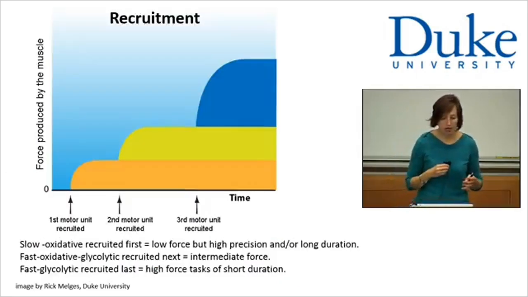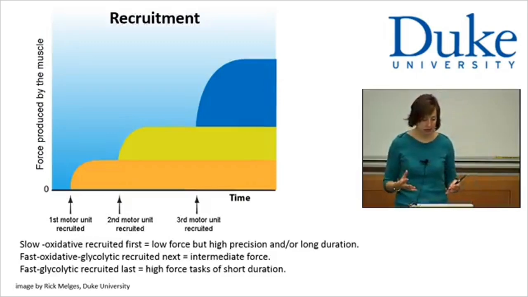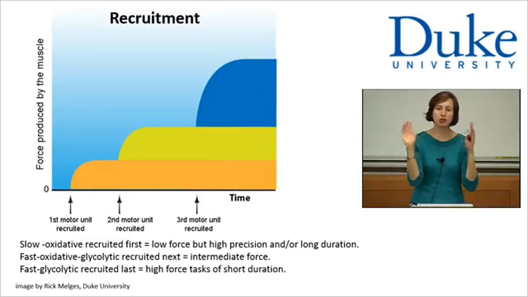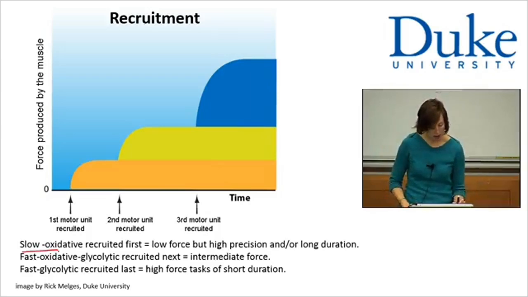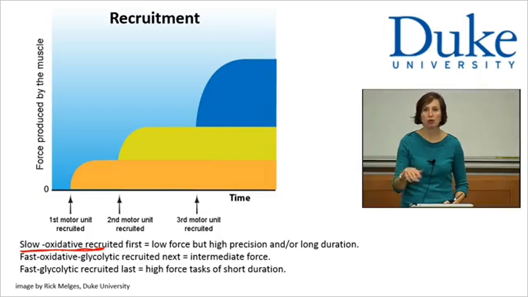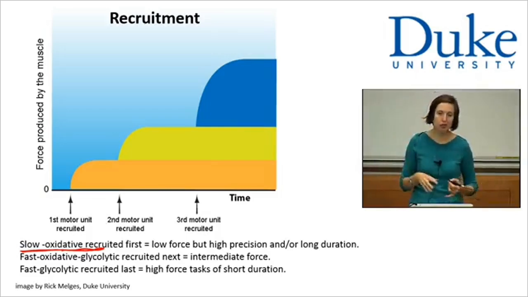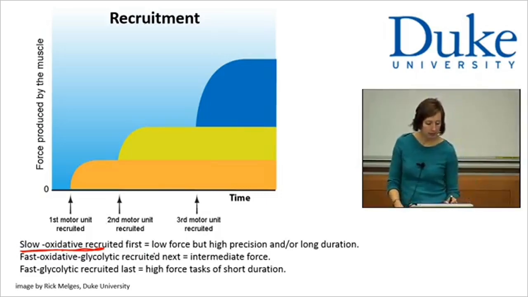So this gets into this idea of recruitment. If you're wanting to do a certain action, then very often the slow oxidative fibers in those muscles are going to be what are recruited first. They're going to start to contract. They're not going to produce tons of force because they're going to be fairly small in diameter, and they're going to produce force slowly because they're slowly cycling, but they can last for a long time.